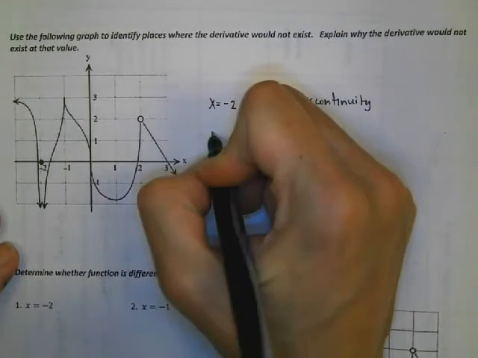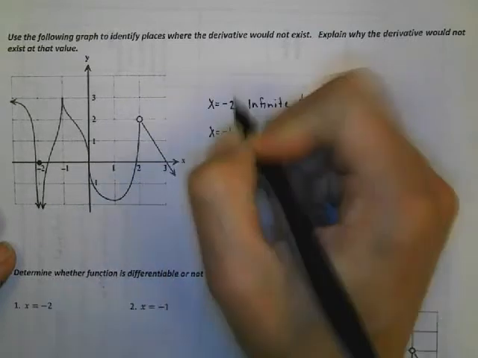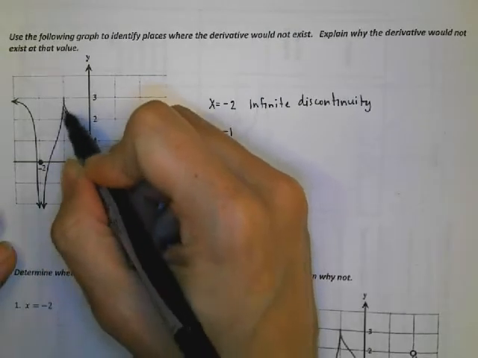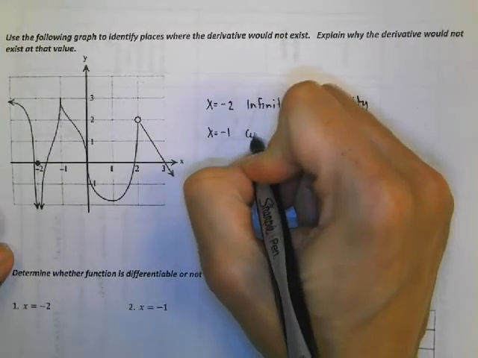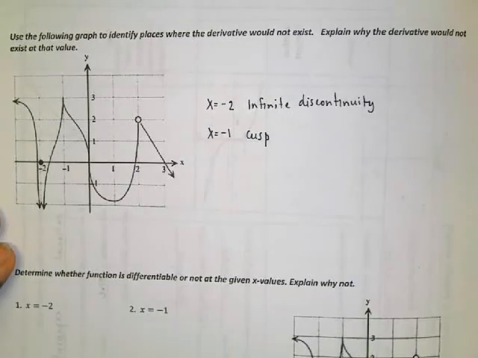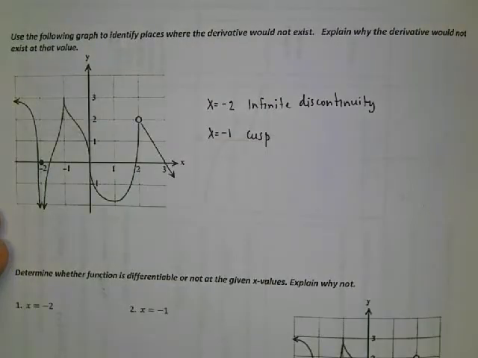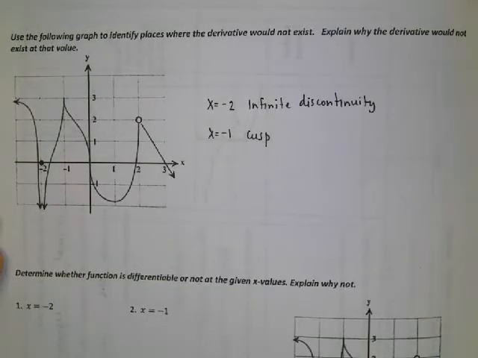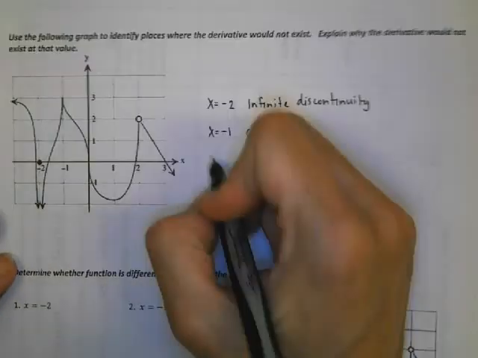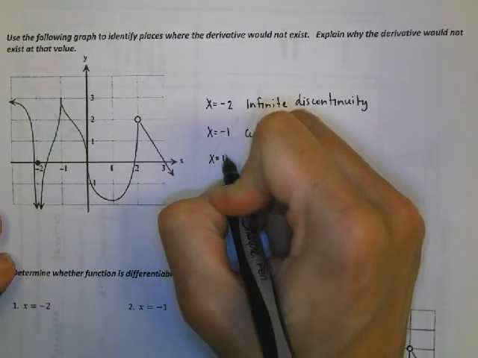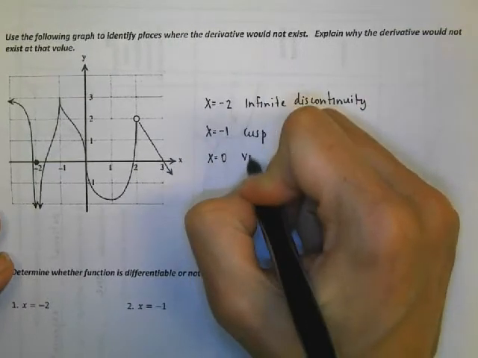The next thing I notice is that x equals -1. And I see how it kind of comes to this point here. That's an example of our cusp. It's not quite so much a V as the corner, but it still comes to a point at x equals -1. At x equals 0, I notice I have a vertical tangent.